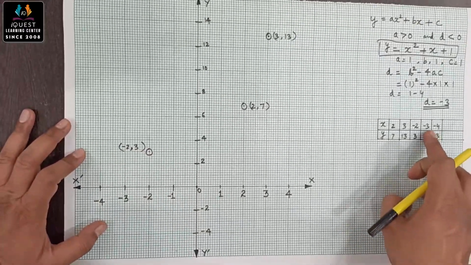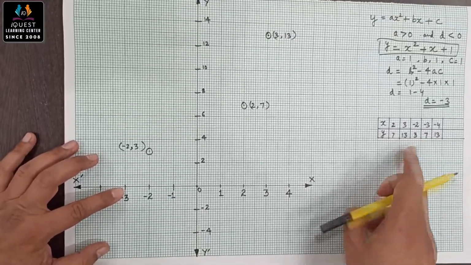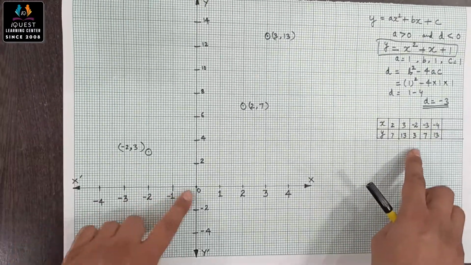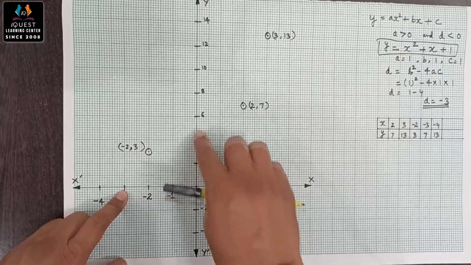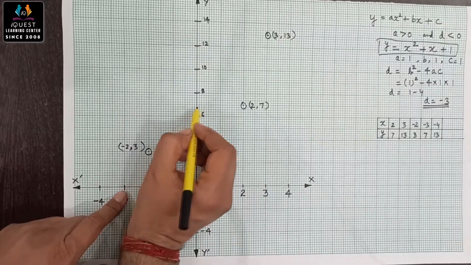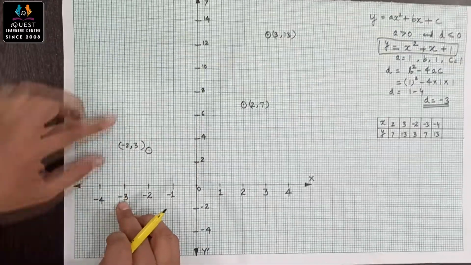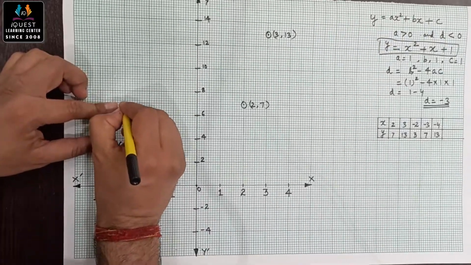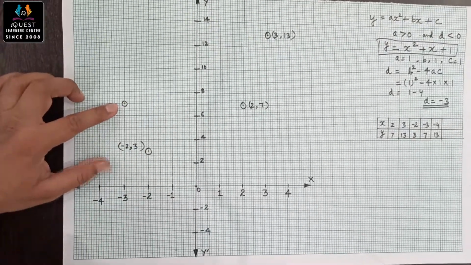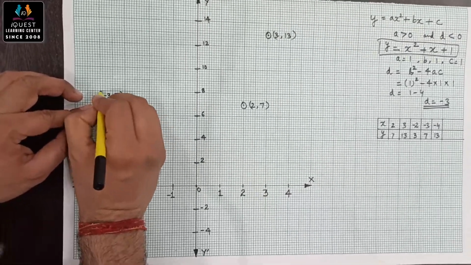And (-3, 7): -3 on the x-axis and 7 on the y-axis. It's in between 6 and 8. So this is the point where these two intersect, that is (-3, 7).